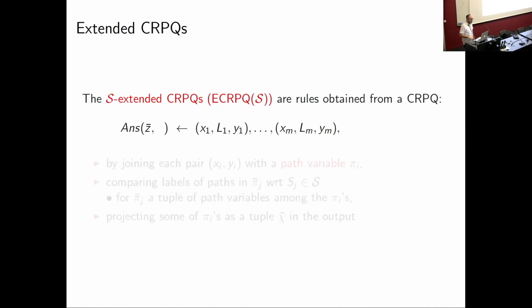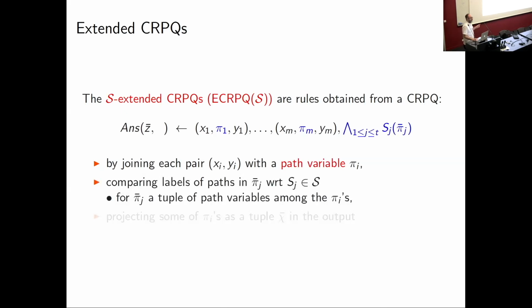So what will be our S-extended CRPQs? There will be rules as before, but instead of having regular expressions there, we will have path variables, and they can be repeated if we want.